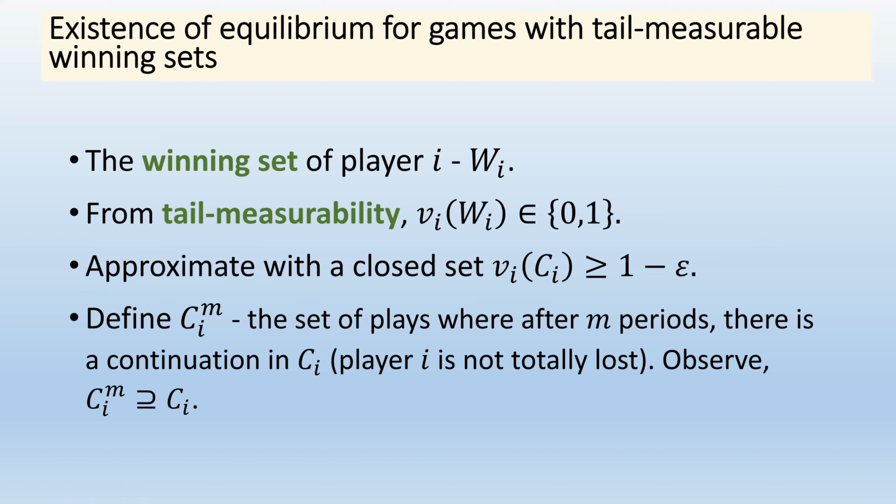Player i is not totally lost, come period m. Observe that this is a superset of Ci because you just need some continuation to be inside. So Ci is a subset of Cim. So remember this set, Cim, the set of plays where after m periods, there is a continuation that is in Ci. Ci is the closed inner approximation of Wi.